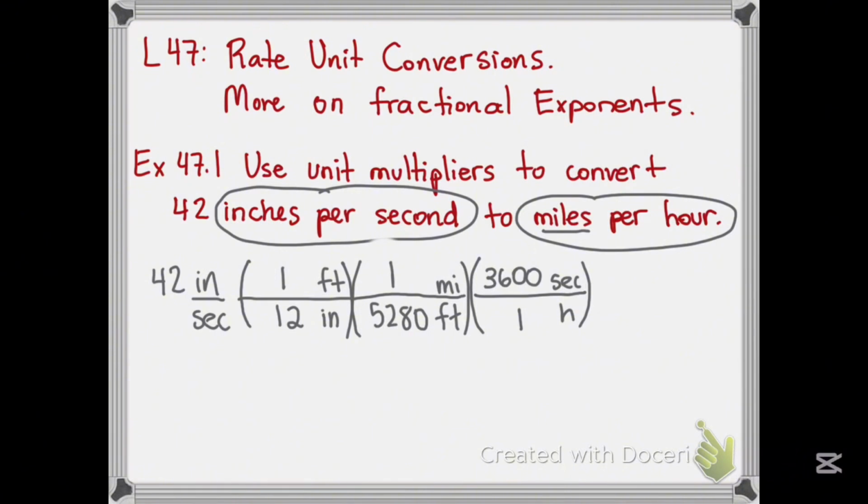Now remember, we did it this way so that we can cancel inches with inches, feet with feet, and seconds with seconds. And so our answer is going to be 42 times 3,600 over 12 times 5,280 miles per hour, which is what we were looking for, miles per hour.